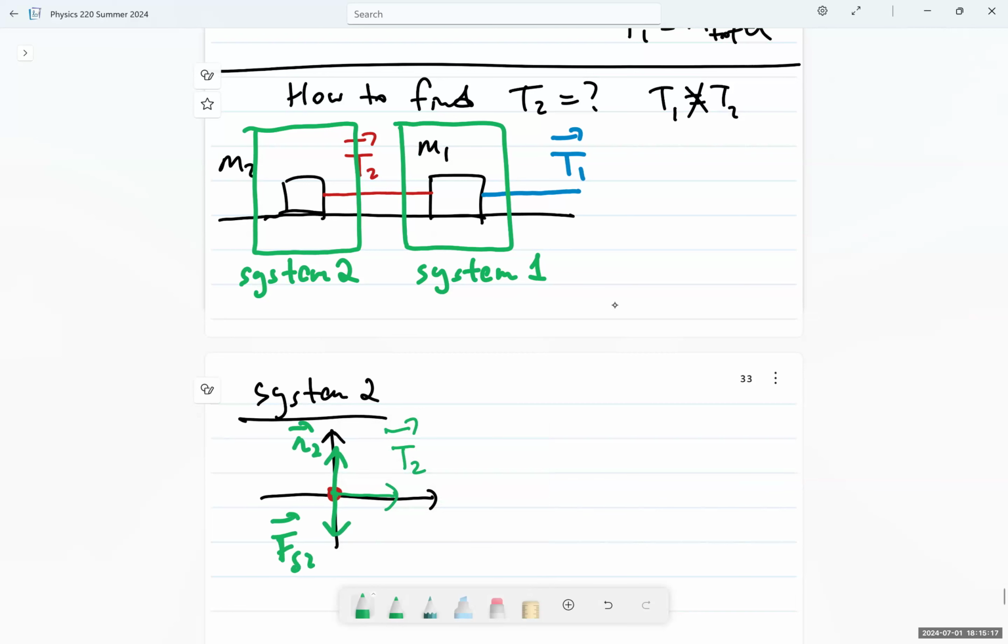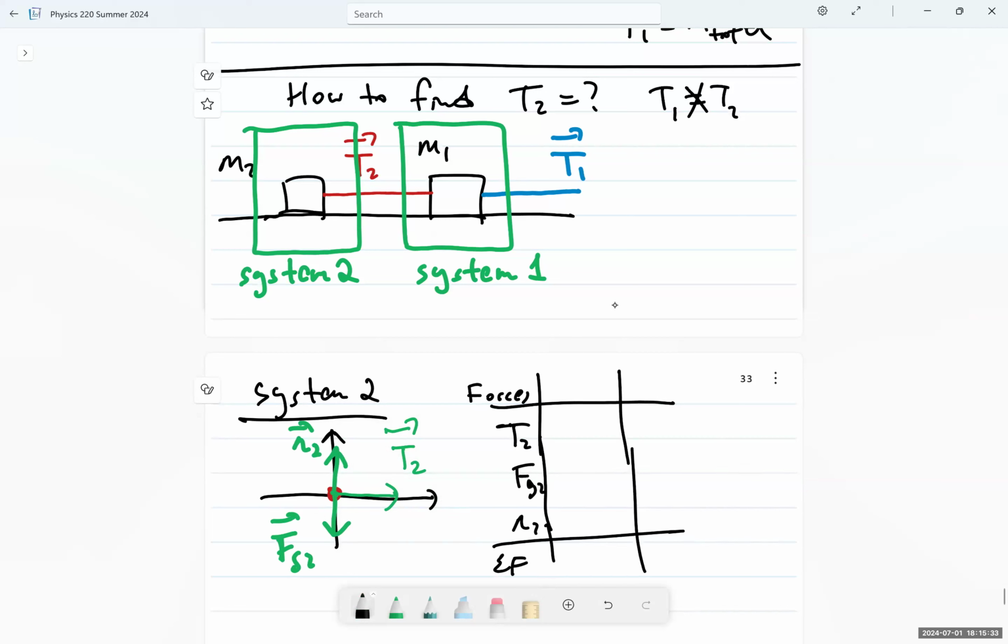So if I'm looking at forces, I have tension 2, I have FG2, and I have normal force 2. I can then see that I have horizontal and vertical components, so the best way is to look at the table.